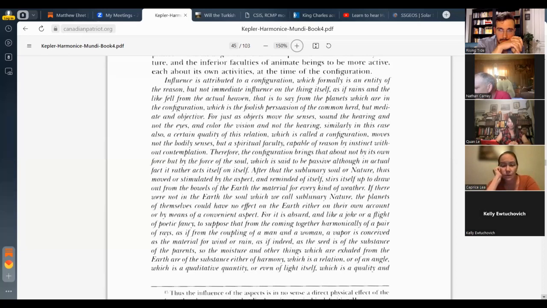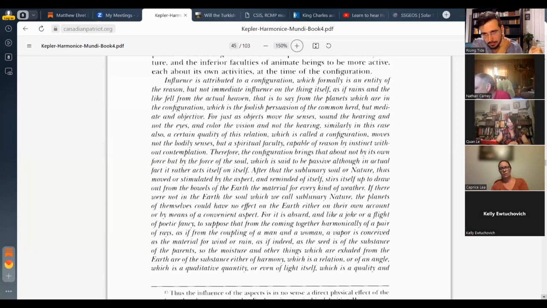After that, the sublunary soul or nature, thus moved or stimulated by the aspect and reminded of itself, stirs itself up to draw out from the bowels of the earth the material for every kind of weather. If there were not in the earth the soul, which we call sublunary nature, the planets of themselves could have no effect on the earth either on their own account or by means of a convenient aspect.